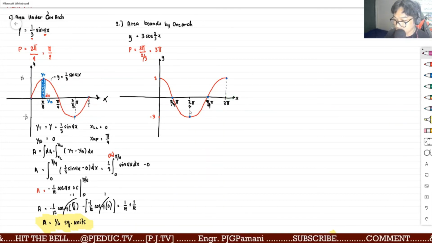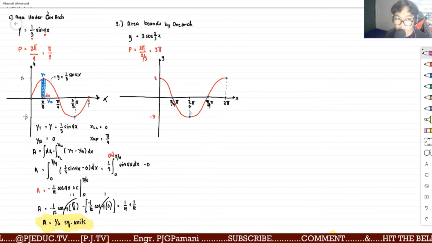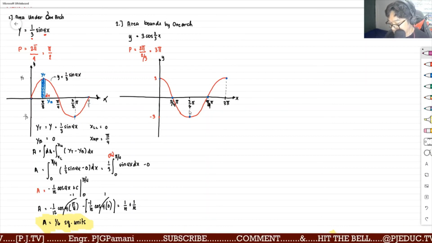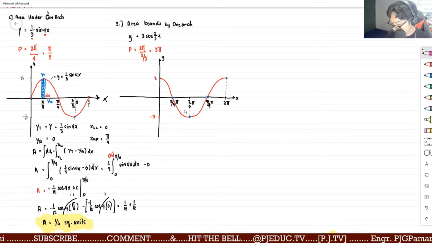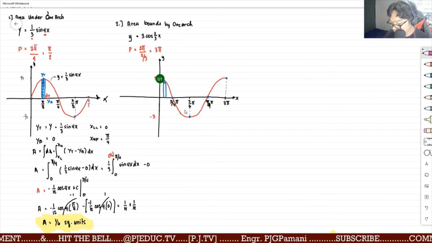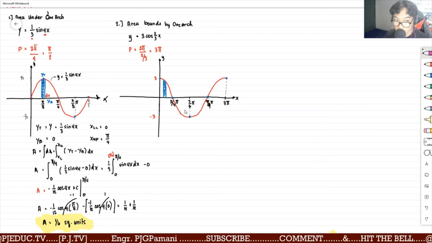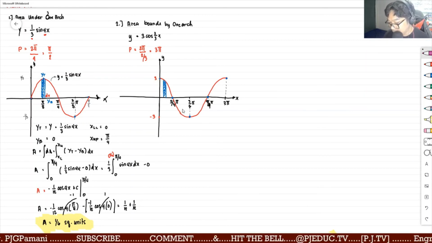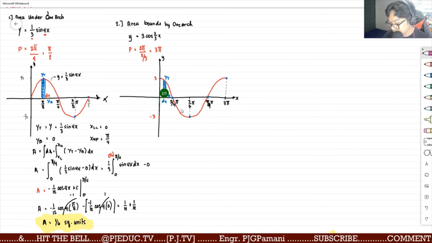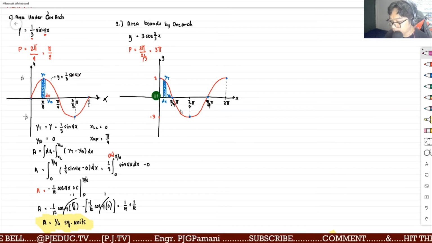Now, ang question again is to find the area bounded at an arch. So at an arch is simply equal on this. Kayo nang bahala kung dyan or dito or dito. Mas lang naman yan. Okay? So using vertical element, meron na naman tayong y top and meron na naman tayong y bottom. Starting from the origin up to 3/4 pi.